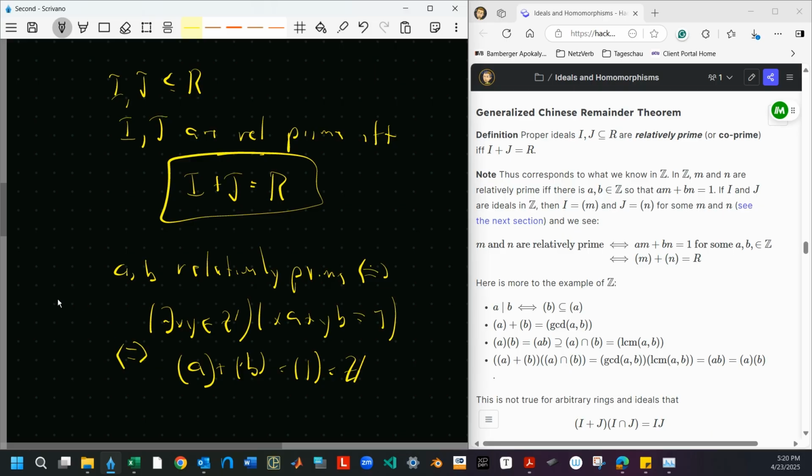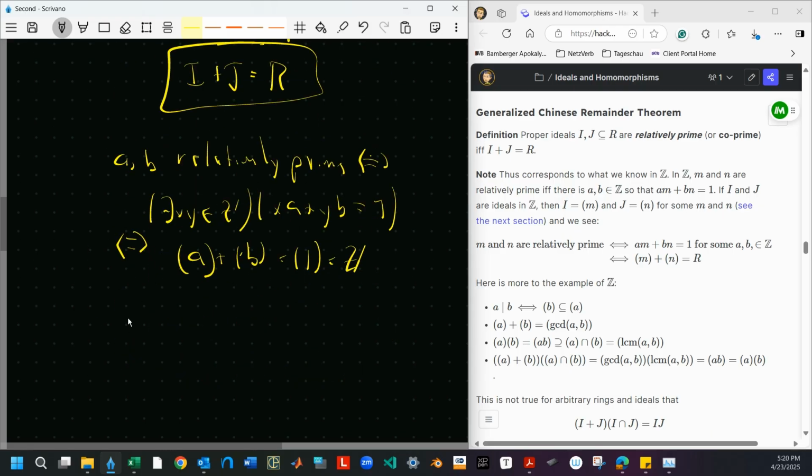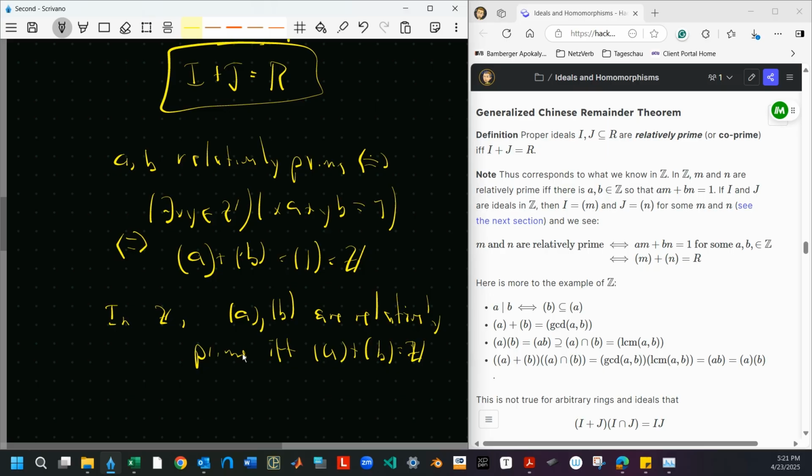So, just following that through, we get that in Z as the ring, (A), (B) as ideals now are relatively prime if and only if, by definition, (A) plus (B) equals everything, Z, right?